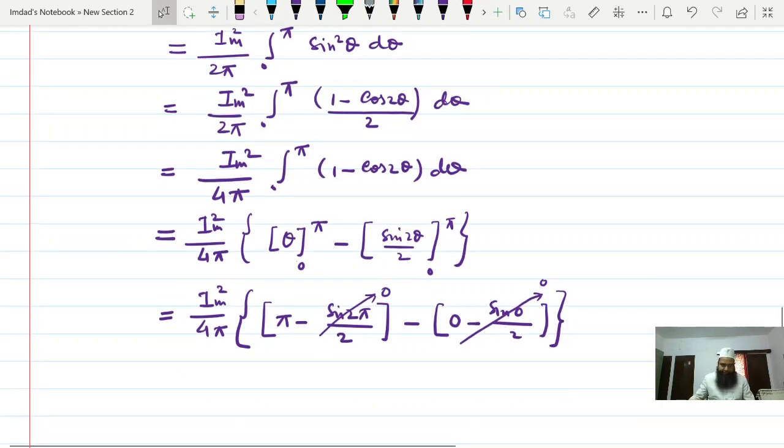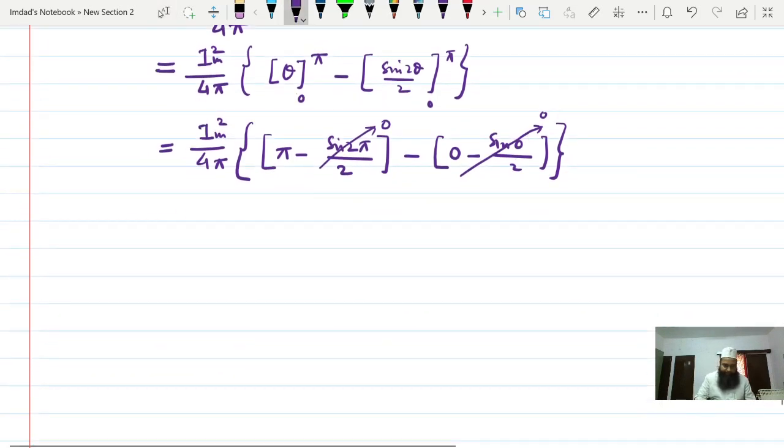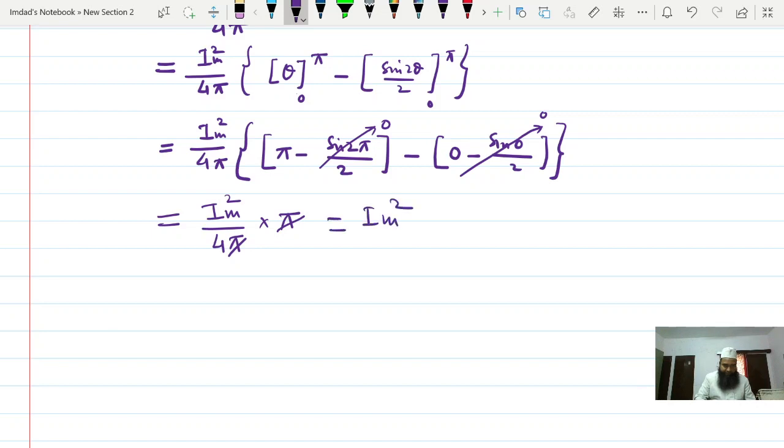Now we have Im square upon 4 pi into pi. Pi and pi will be cancelled out and we have Im square upon 4.